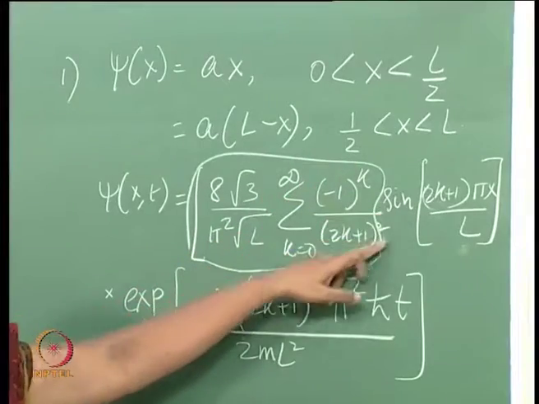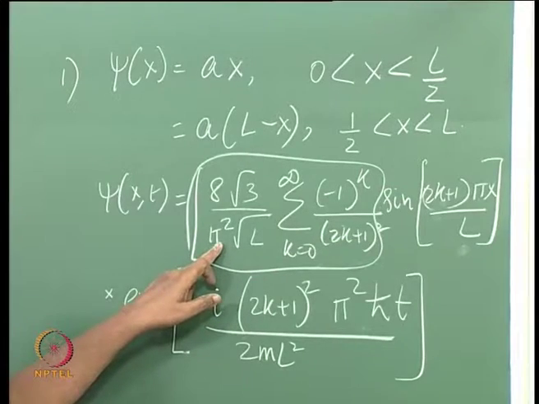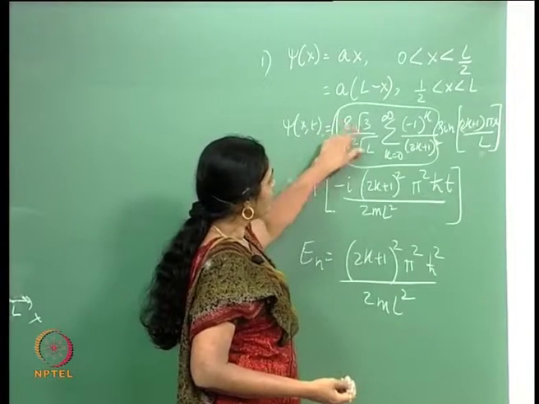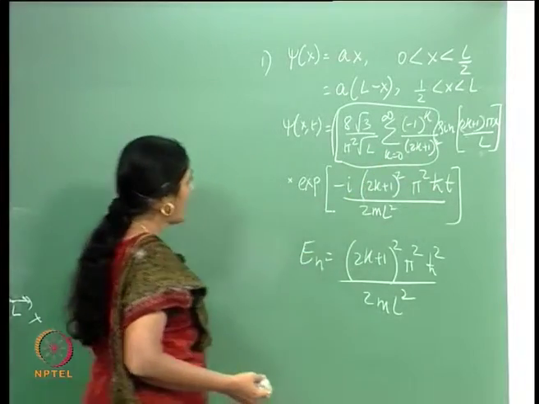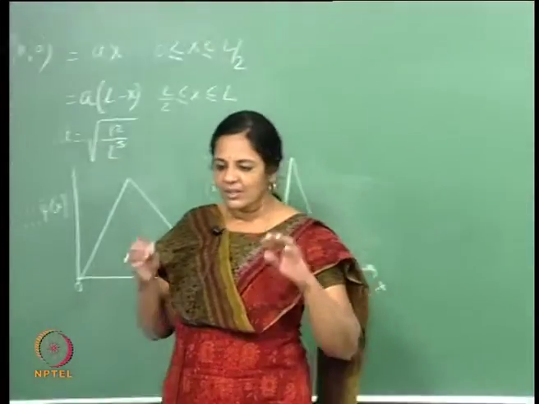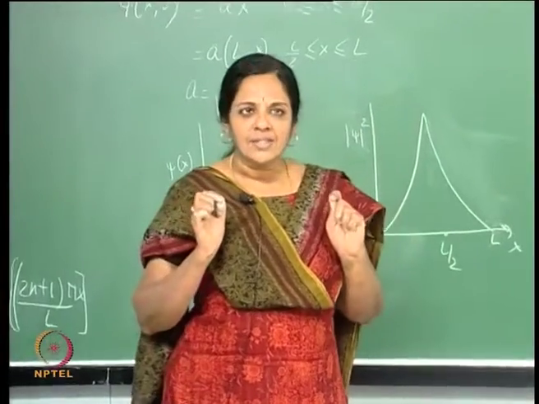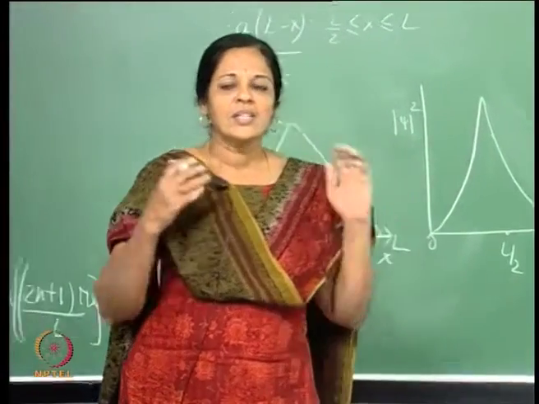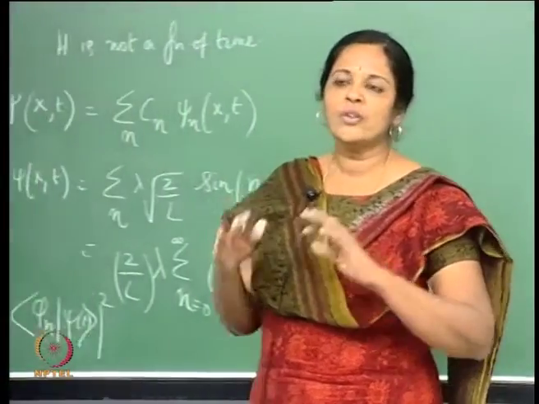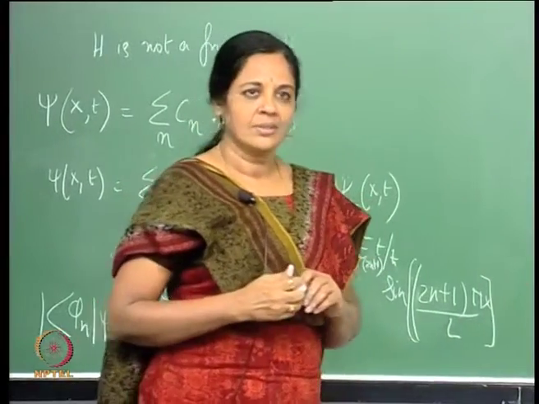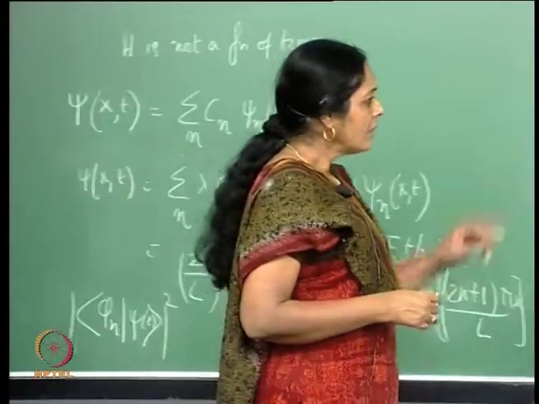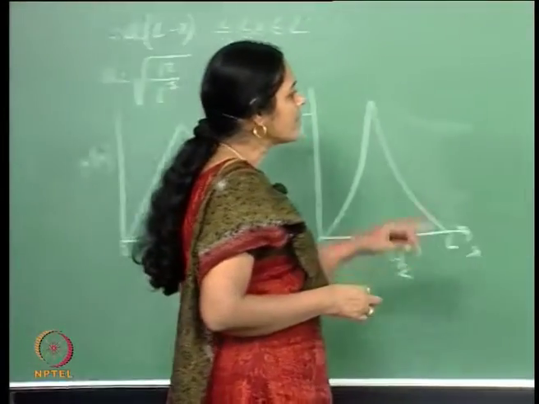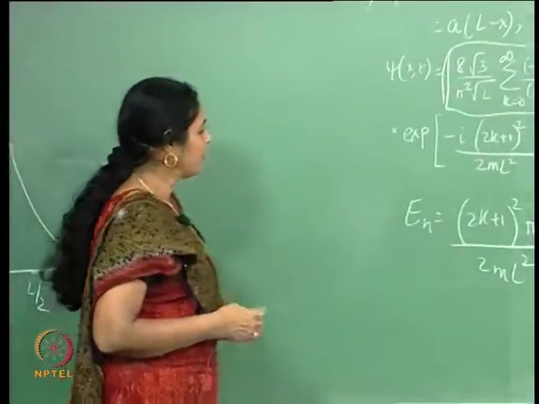It is mod Cn squared which is going to give us a contribution, and that object is independent of time. Therefore, the probability density for psi of x t to be one of the energy eigenstates is independent of time. That is what we get as a result for this problem.